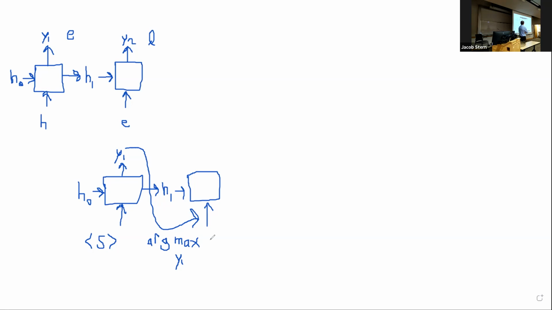No, so we would still start with the start token. You can only start with one beam, but then that expands to 4, and then you maintain four beams throughout the rest of the decoding process.